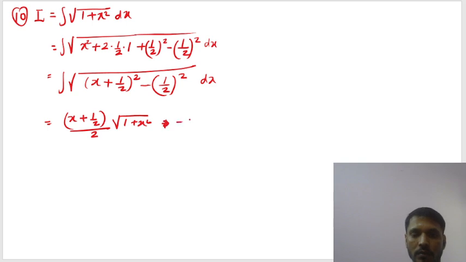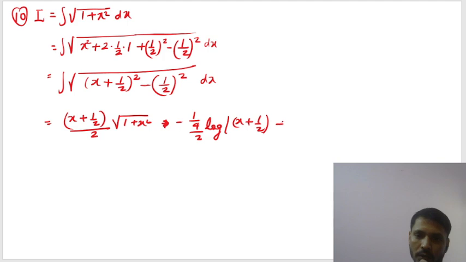So here minus a square, that means a square means 1 by 4, and this is divided by 2. Log of what? So log of x, that means x plus 1 by 2 and plus the given question, that means the root of 1 plus x square.